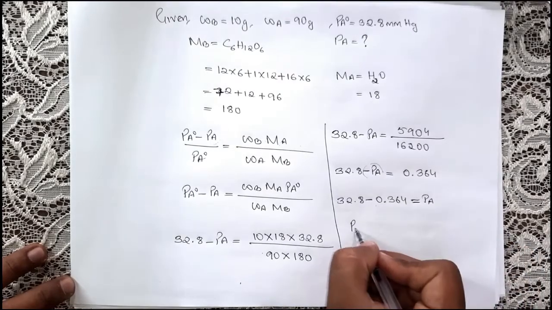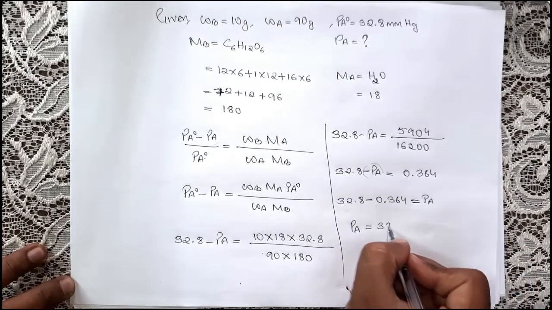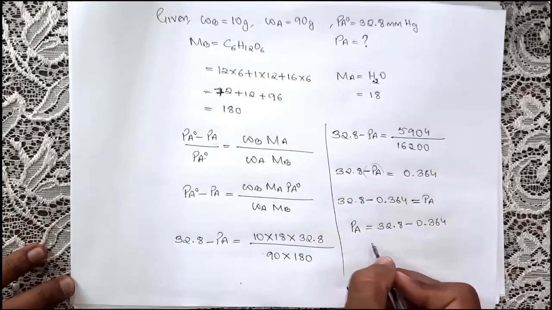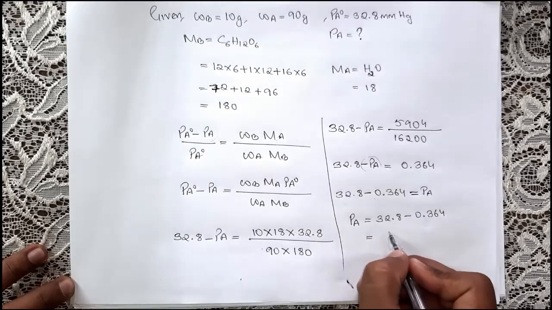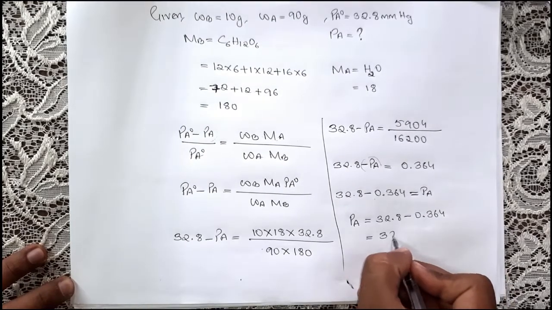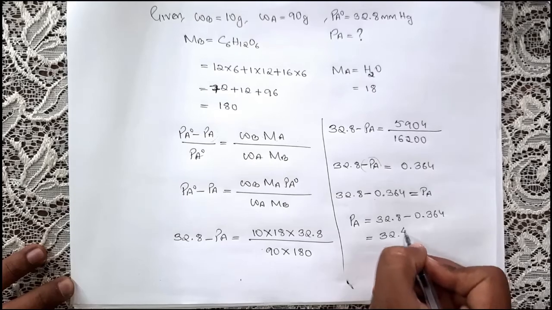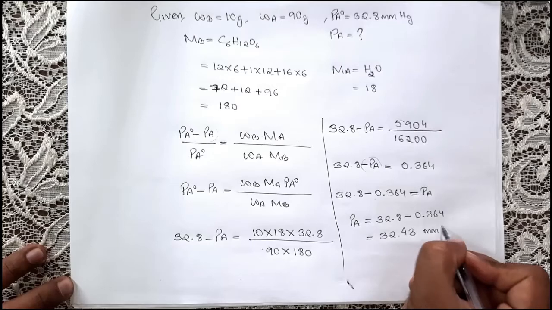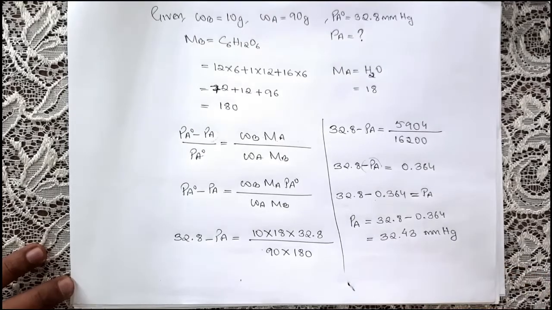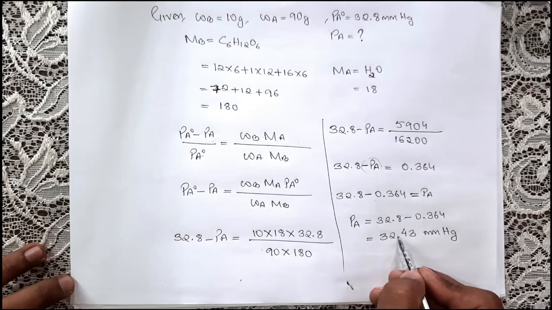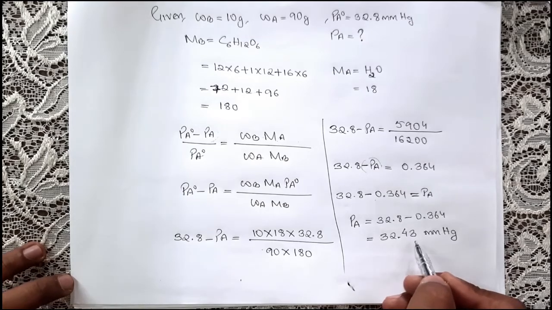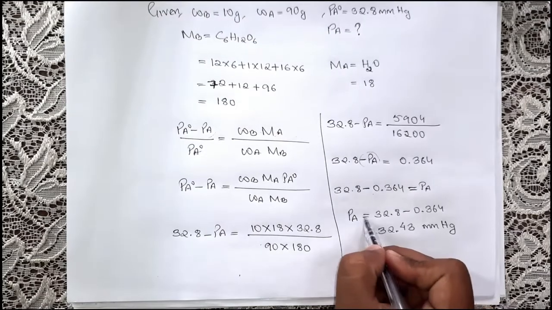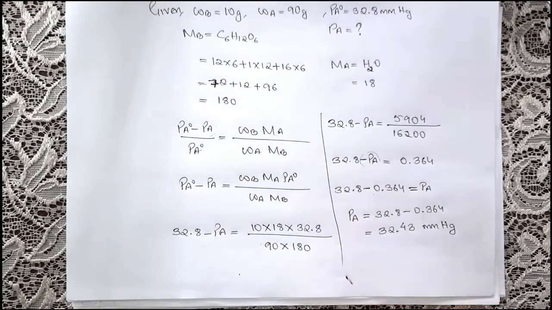So PA is equal to 32.8 minus 0.364. If you subtract these values, you'll have 32.43 millimeter Hg. So it will be around 32.44 or 32.43 millimeter mercury. So this way you can calculate vapor pressure of solution.